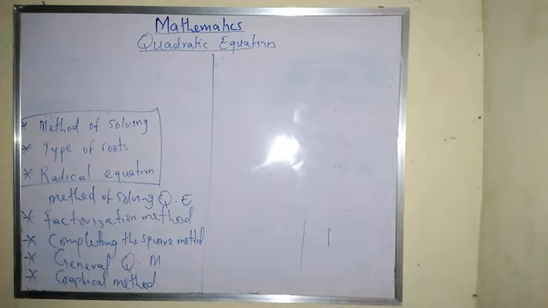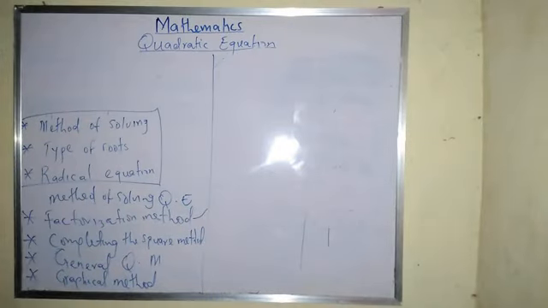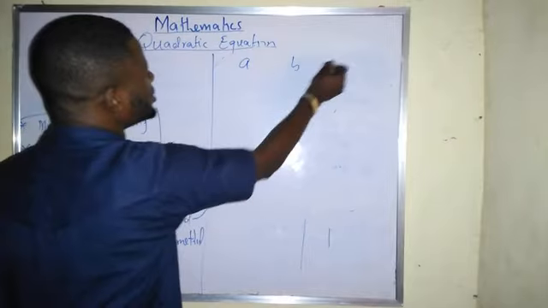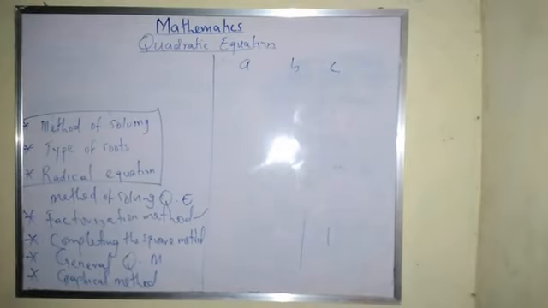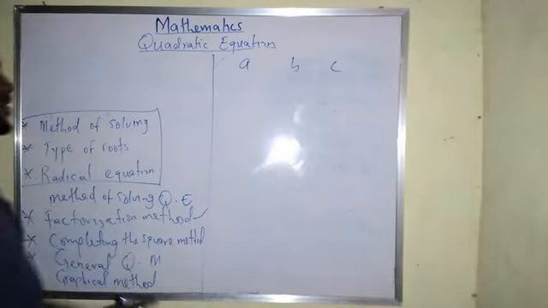For instance, if I want to use any of these methods, the condition is very, very important. This one does not satisfy all quadratic equations. Please take note of that. The condition of a, b, c: you have to understand, we have done that at the beginning of the video, that comparing of coefficients.